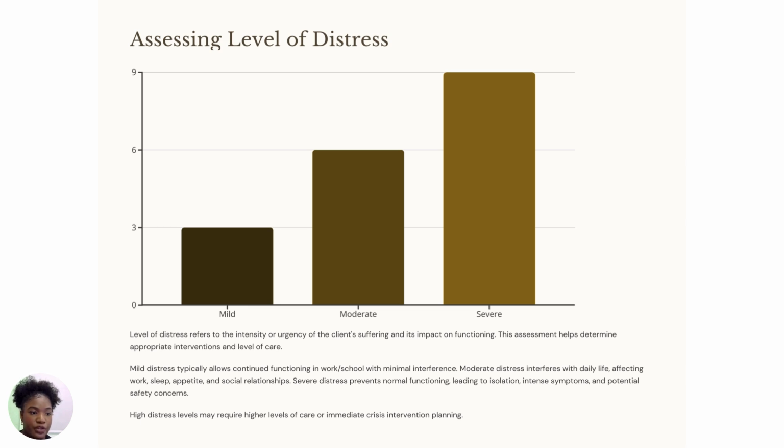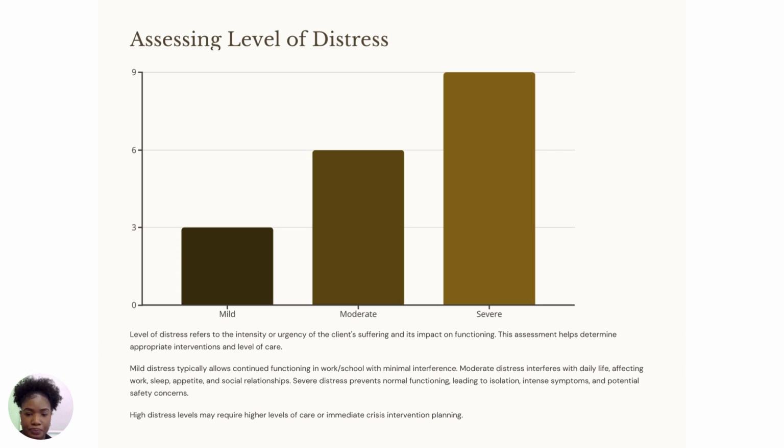Levels of distress refer to the intensity or urgency of the client's suffering and its impact on functioning. If someone can't complete their daily life functioning, they may need a higher level of care, like inpatient or residential. It also helps determine their functional level: high, mild, or moderate.